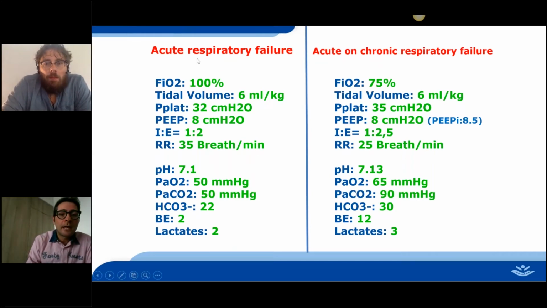When we have an acute respiratory failure, we are just trying to save our patient, applying a protective form of mechanical ventilation. We try to do the same with an acute on chronic respiratory failure, but of course what we pay is an amount of CO2.